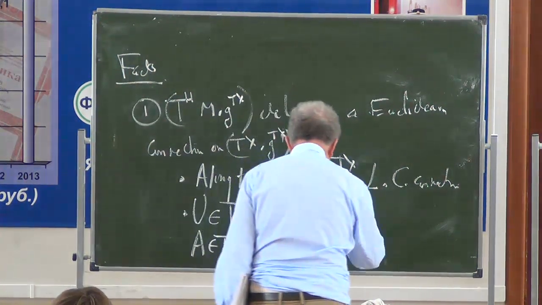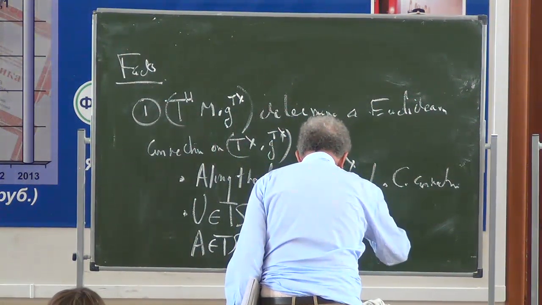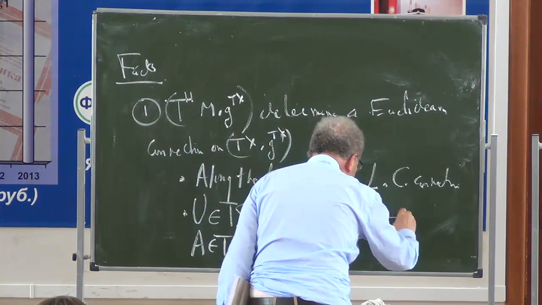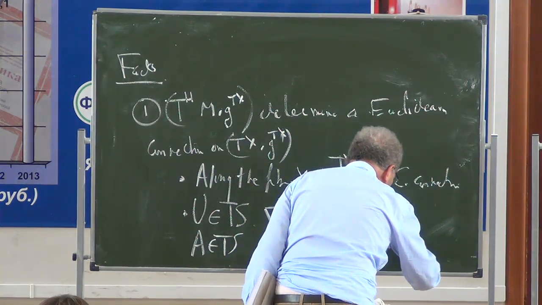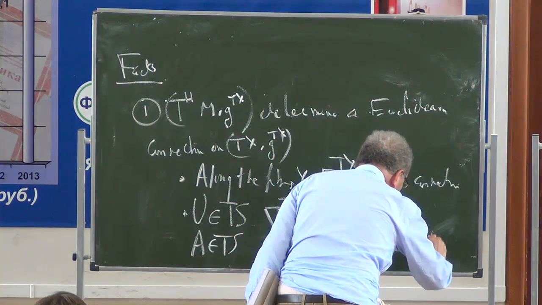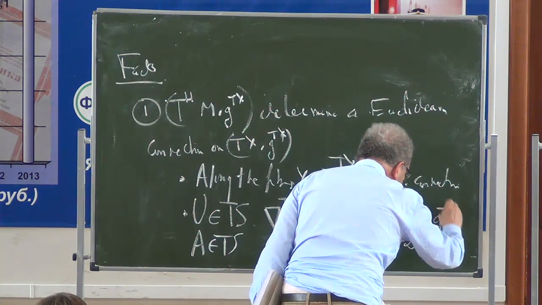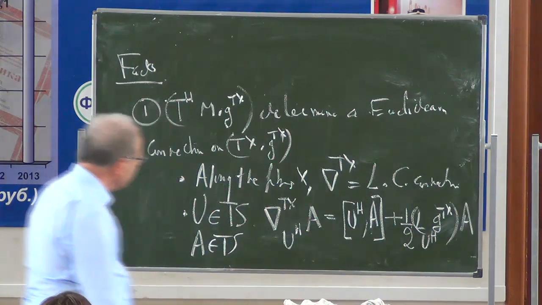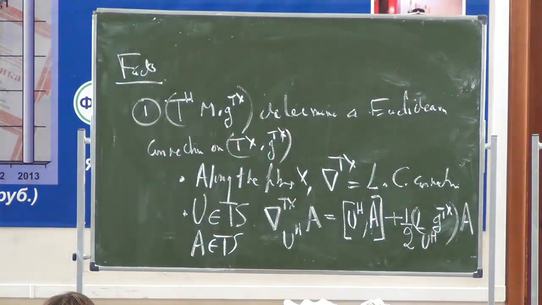The formula is, a very elementary formula, U^H A plus 1/2 of (L_{U^H} g^TX), this Lie derivative operator applied to A. So this is the formula.